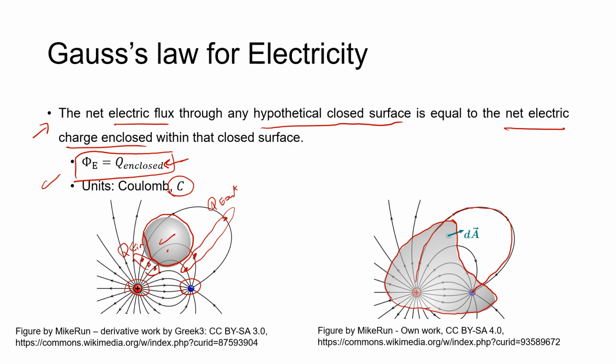But all the lines which don't go to this negative charge are not canceled. So if we assume this one is Q1 and this one is Q2, this is negative Q2 because it's a negative charge, then phi E will equal the amount of positive charge minus the amount of negative charge where the flux lines will go back to the negative charge.